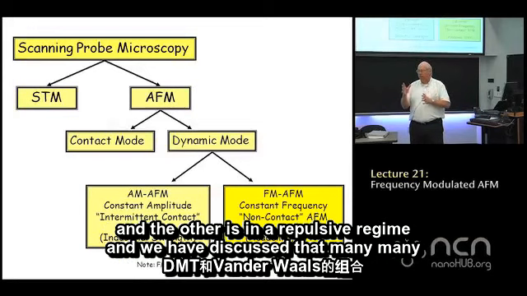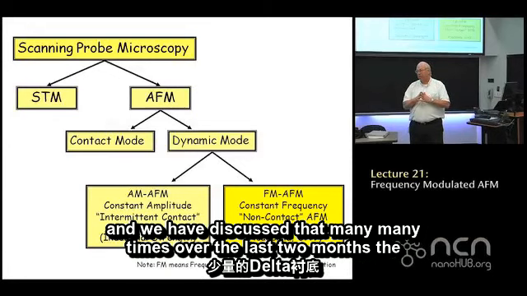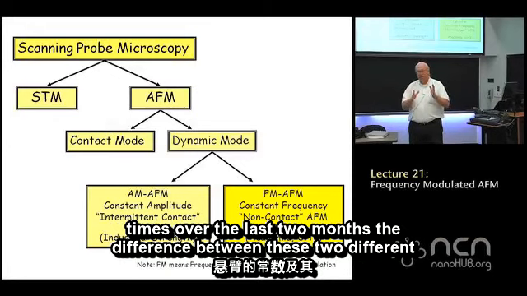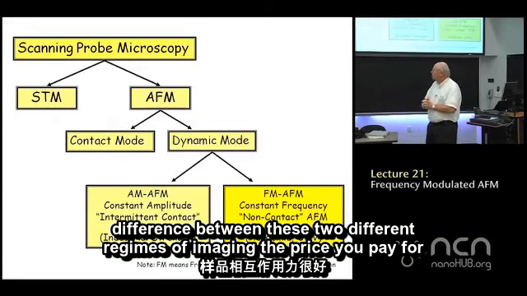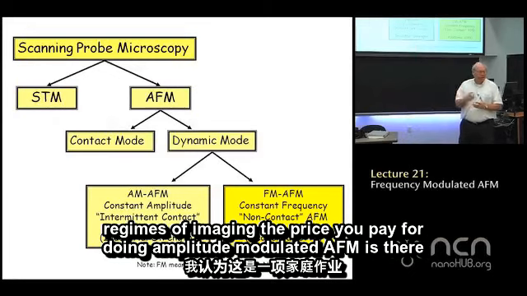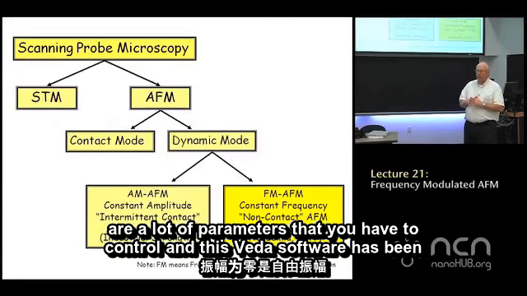And we have discussed that many, many times over the last 2 months, the difference between these 2 different regimes of imaging. The price you pay for doing amplitude modulated AFM is there are a lot of parameters that you have to control.